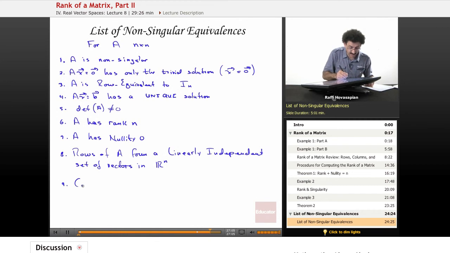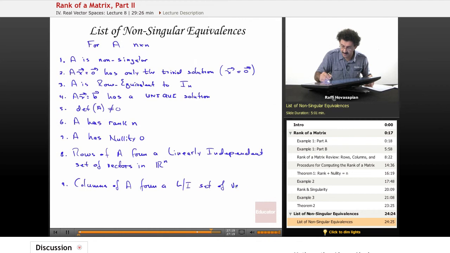And 9, the columns do the same thing. The columns of A form a linearly independent, I'll just abbreviate it as LI, set of vectors in Rn. So I can make all of these statements.